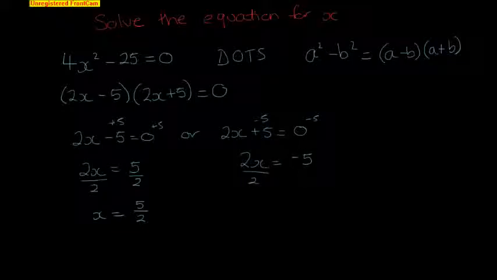Again, divide by 2 to cancel out the 2, and x is equal to negative 5 on 2. So there's our two possible values for x, and we can rewrite that as x is equal to plus or minus 5 on 2.